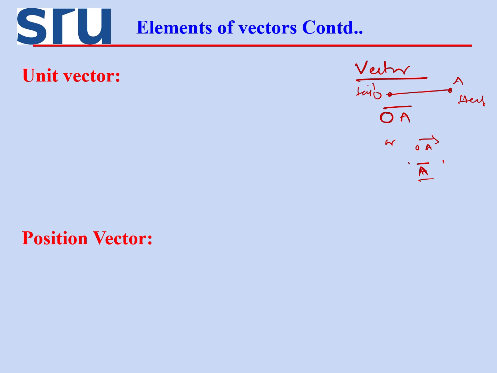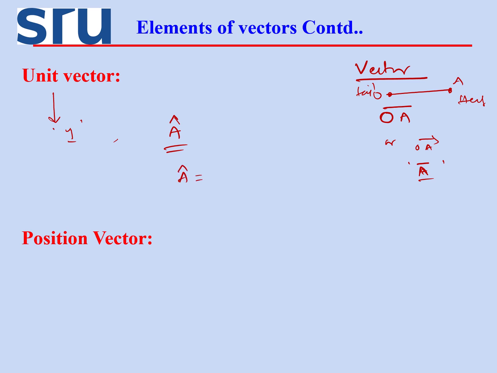Unit vector. A unit vector is one whose magnitude is 1. That is called a unit vector. It is represented with a cap. Now how can we find A cap?